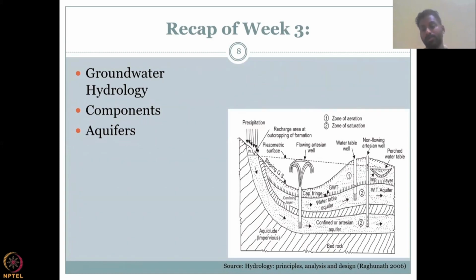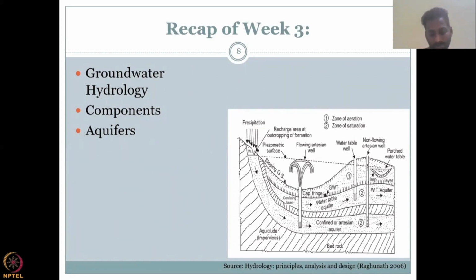We looked at the zone of aeration, the zone of saturation, and how water moves from the surface into the soil profile and the rock matrix. We discussed porosity being one of the key factors where water gets into the system and stays there, and the fact that most regions with low permeability and porosity cannot support groundwater activities.